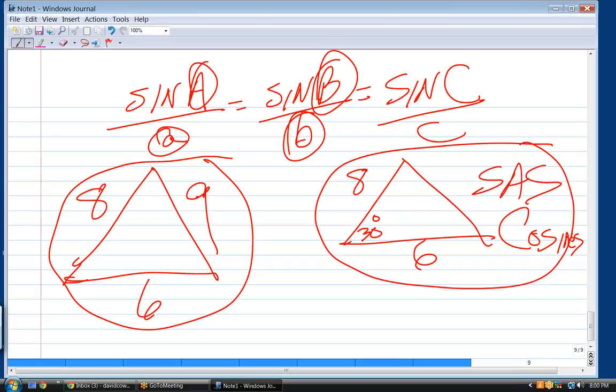And incidentally, whenever you start off using the law of cosines, you have to finish it using the law of sines. Okay, so you never solve a triangle entirely with the law of cosines. You need the law of sines to get the last piece of information. So, the law of cosines.